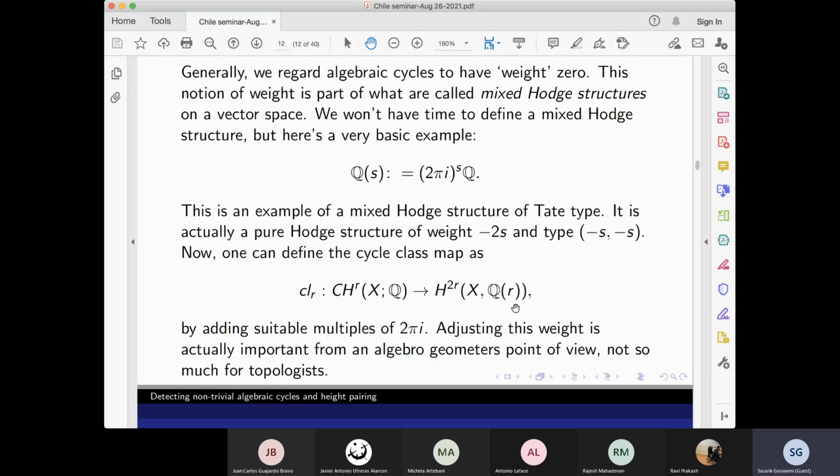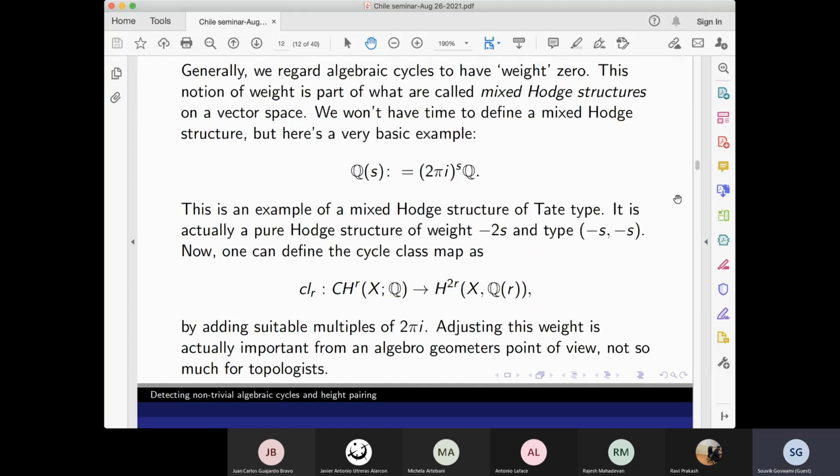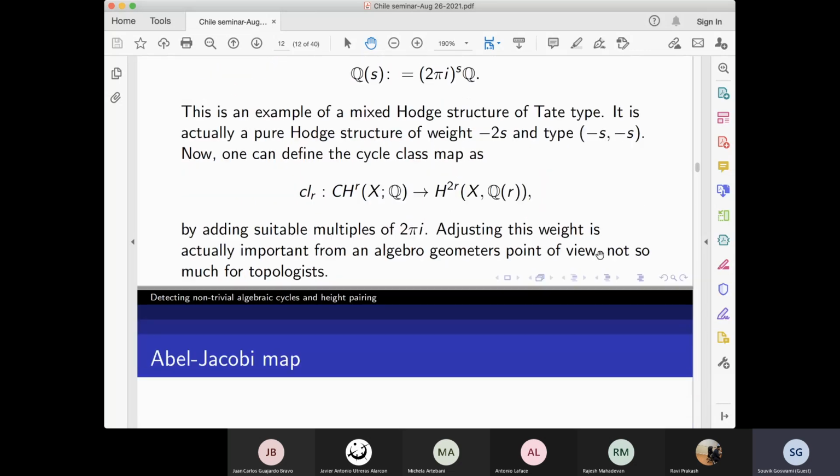Algebraic geometers or complex geometers, these weights come up naturally, and adjusting the weights and treating algebraic cycles to have weight 0 is vital. So that's about that. The cycle class map is one important map between the Chow group and the cohomology.